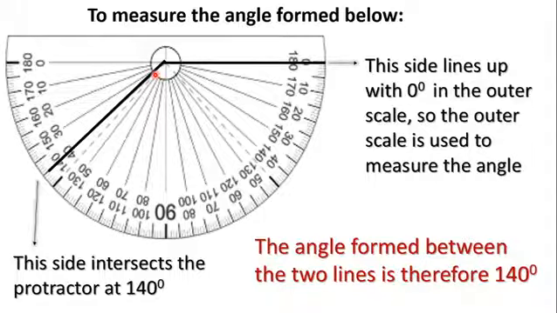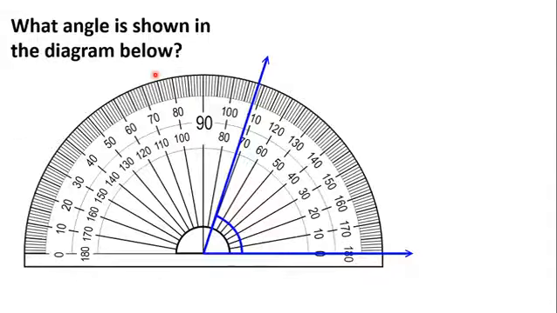So what is the angle that is shown in this diagram on your screen? I'll give you a moment to think about that. What angle is formed by these two lines right here? Okay, it's also quite easy. You would see that your horizontal line is aligned to the 0 degree of the inner scale.